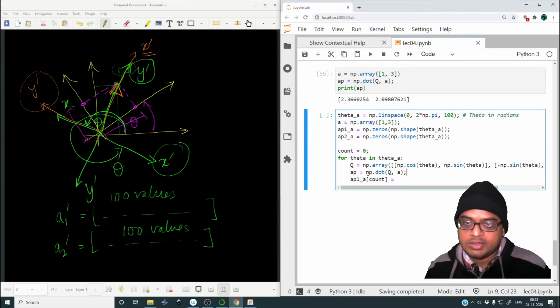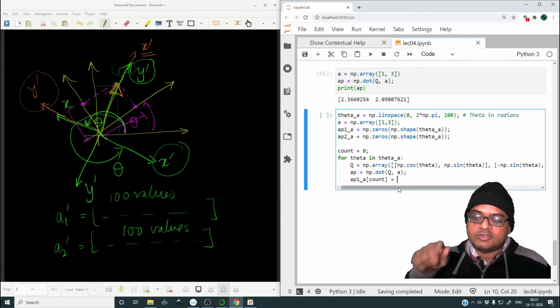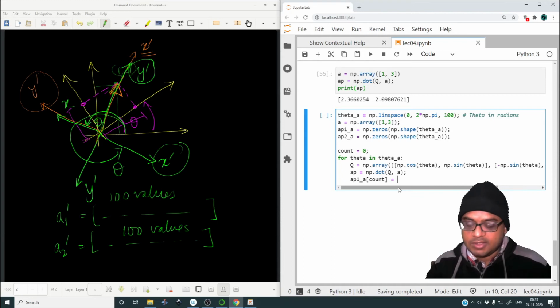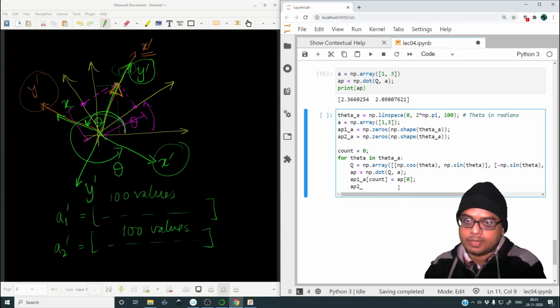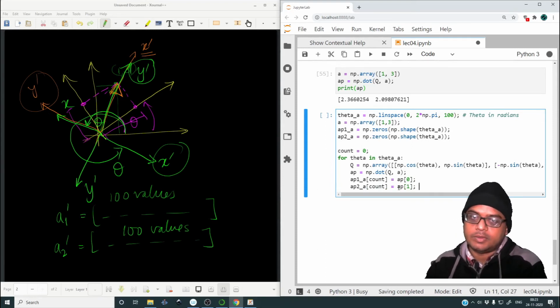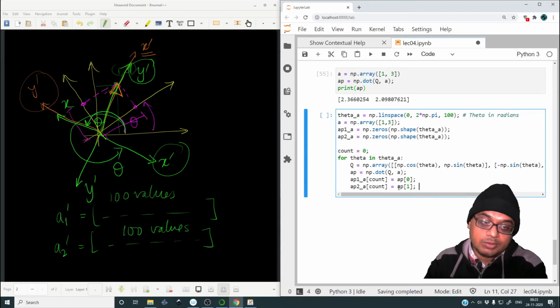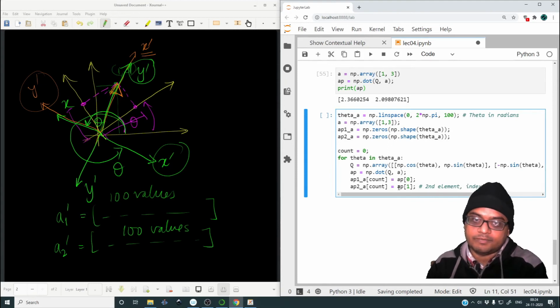So now ap is np dot q a, and the first element that we will save will be this, while the second element will be this. Remember that the element number and the index differ by 1. So this is the second element, but the index is 1.